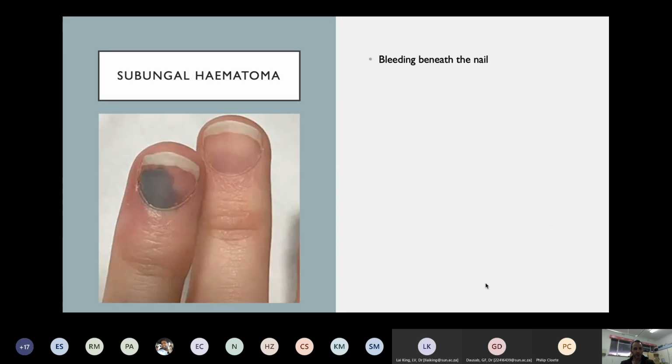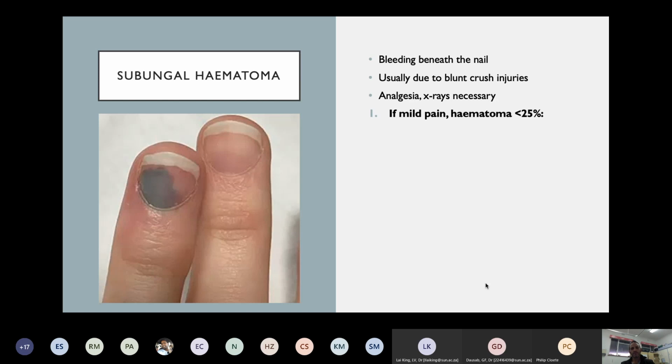Okay, so subungual hematoma, all that means is bleeding underneath the nail. Very, very common. In most cases, they are managed very conservatively. We do need to do X-rays to exclude a distal phalanx fracture. If the patients have no or very little pain and the hematoma is small, give them a strong handshake and tell them to carry on with their lives.